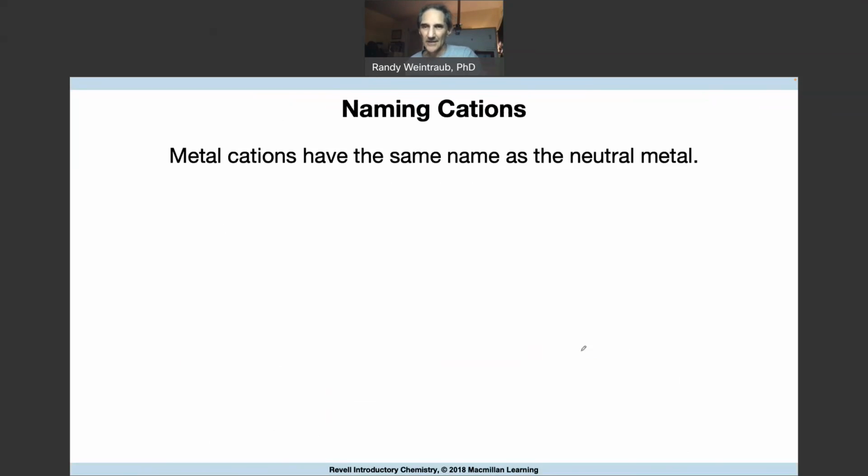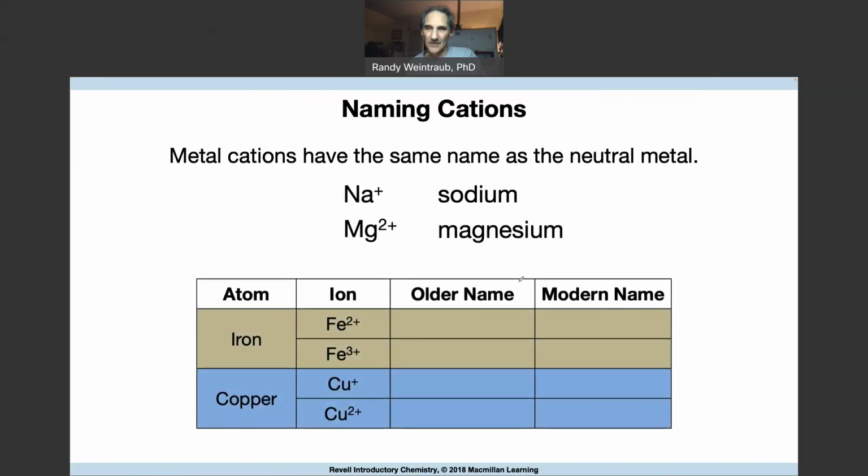In general, metal cations are given the same name as their neutral metal. For example, the cation produced from sodium is simply called sodium ion, magnesium ion. However, transition metals can have more than one charge. For example, iron can be both 2+ and 3+.